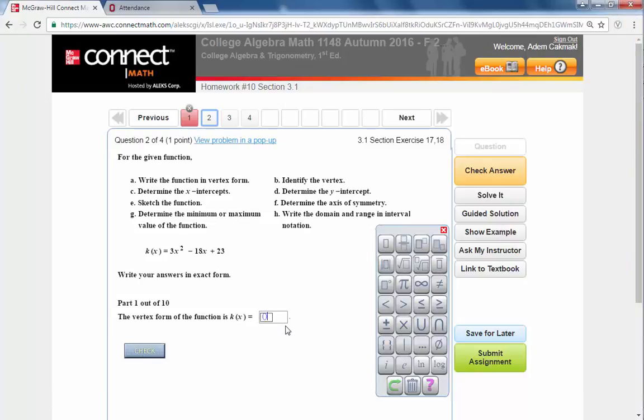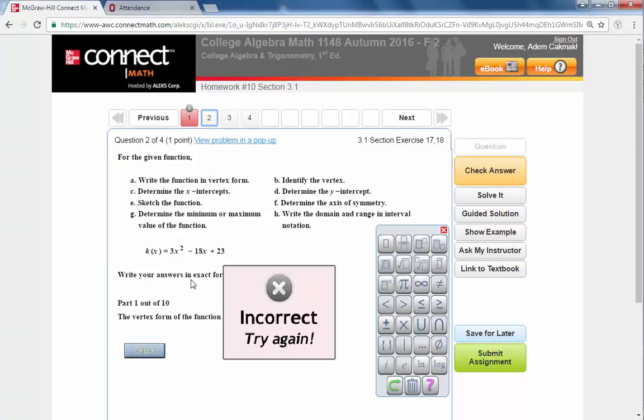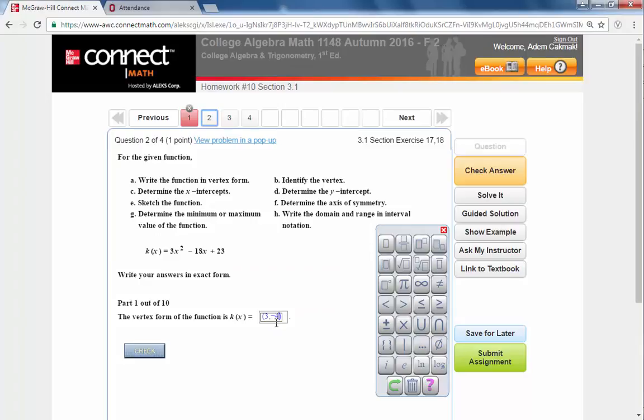And this is parentheses. Was it negative 3, negative 4? No, it wasn't. What was it? That's the vertex form. Okay.